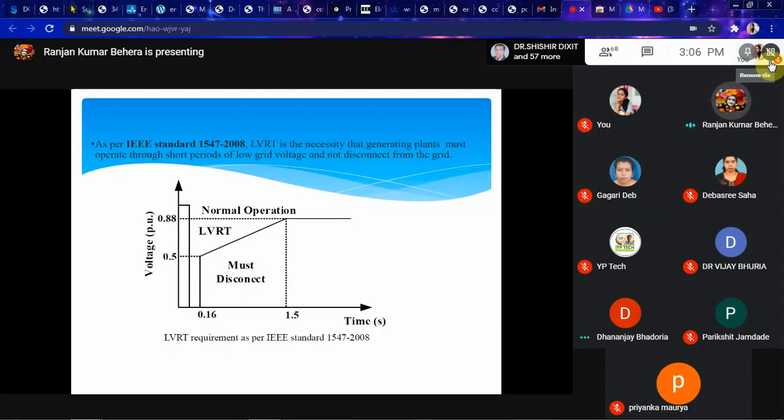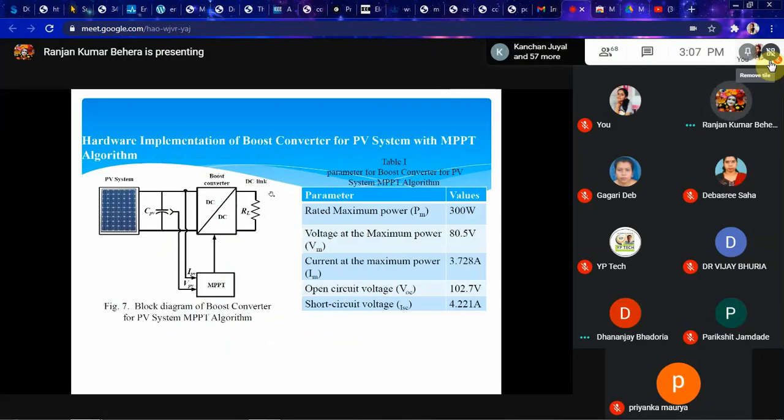When there is a large voltage fall, for example a short circuit, your voltage will come down, and because you have a constant power type of load, your current will be very high. So it will damage the entire converter system. During that period, how will you stay connected? That is also one of the challenges today.